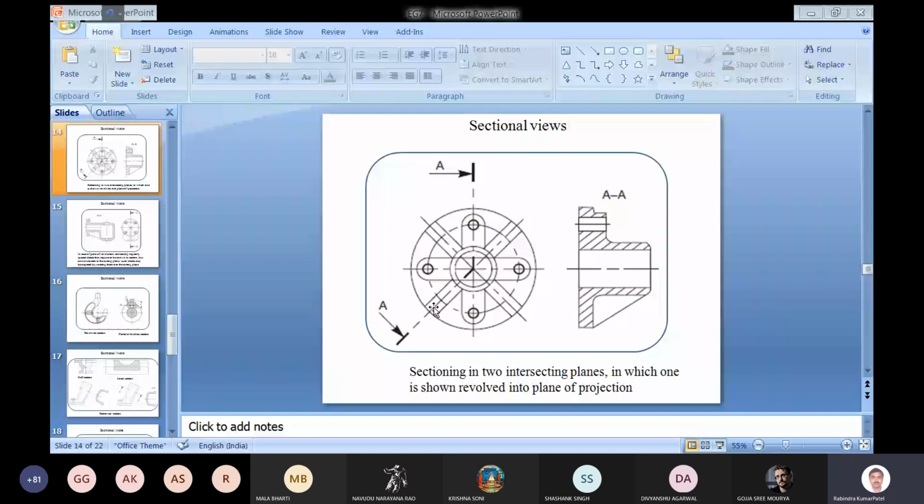This whole length is coming as the thickness of the object when the cutting plane is passing here. And here in this case, this thickness of the object is coming into the picture when we are cutting it by this plane. So this is considered as a thin part. So here also this has not been hatched.